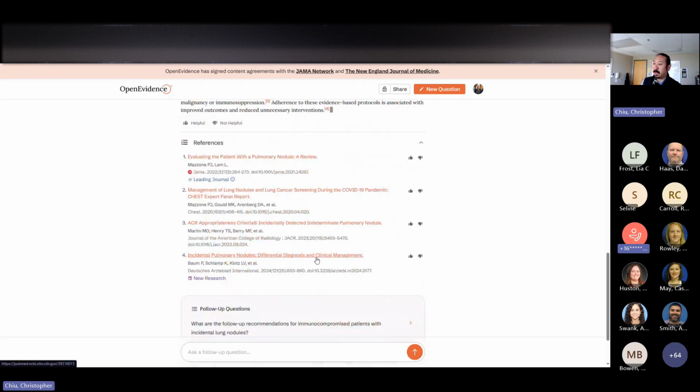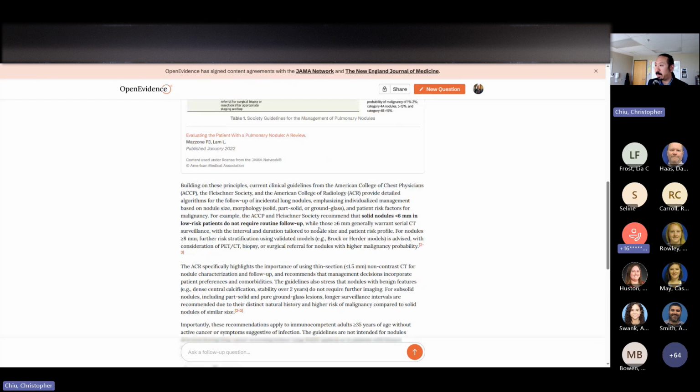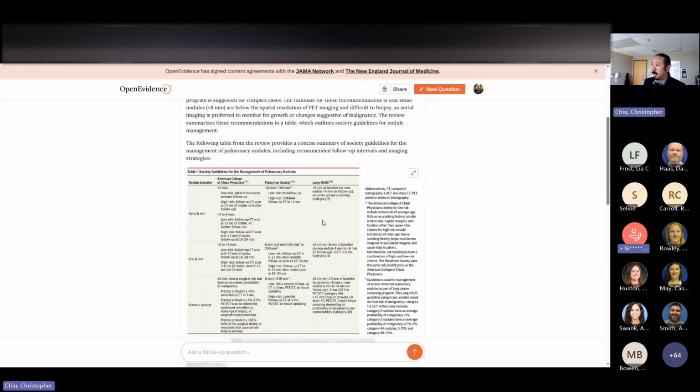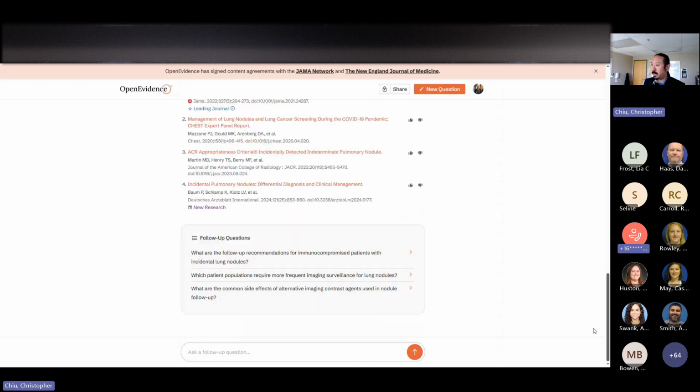So you can click on this, you can go straight to the reference. What's nice here, so I can show like I did before. I've reviewed this, and I can say, my 45-year-old patient, I can't spell it right, with no smoking history and no other risks, has a 3 mm nodule found incidentally.